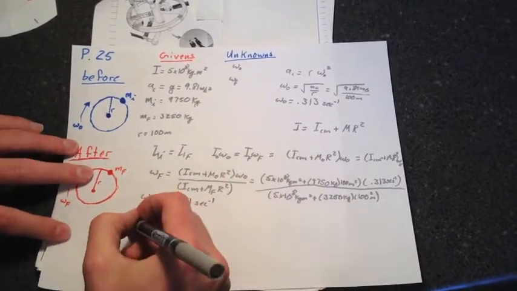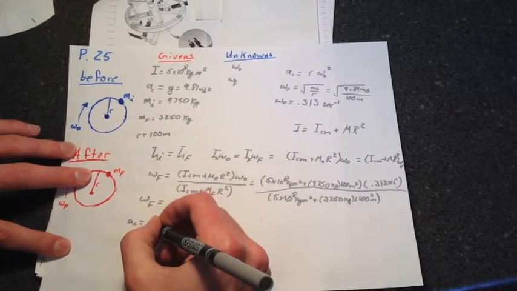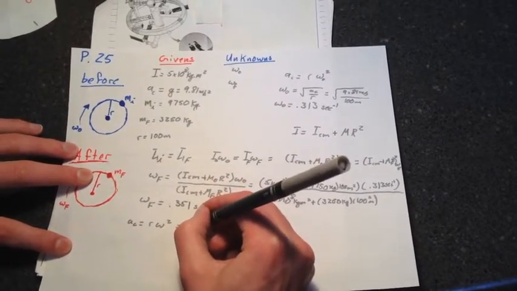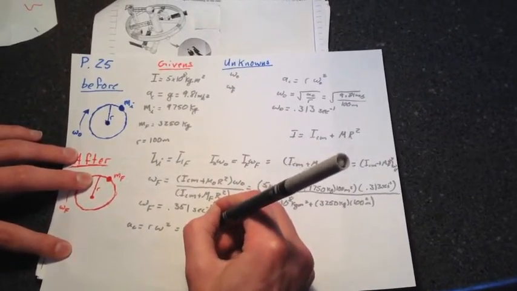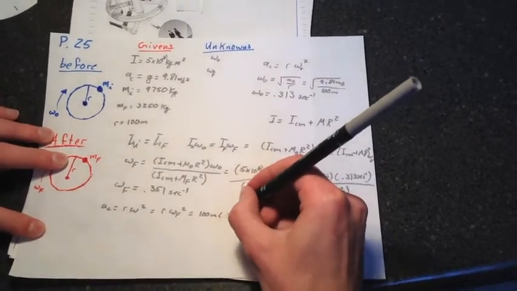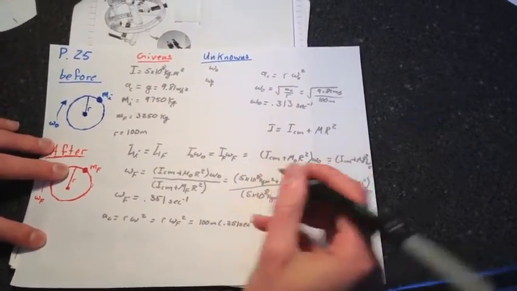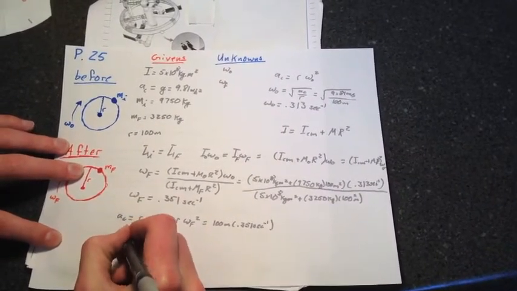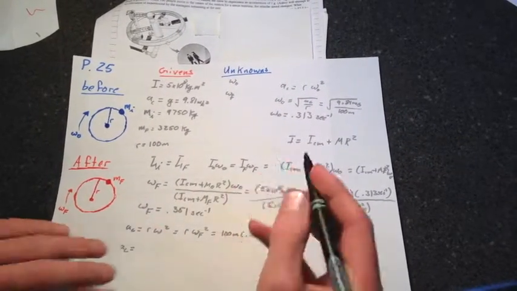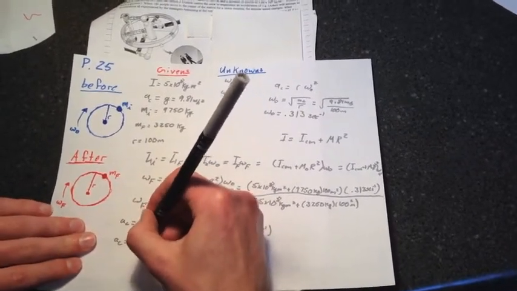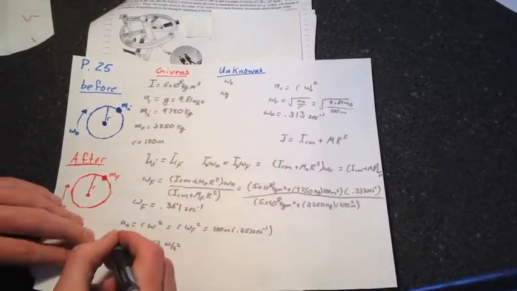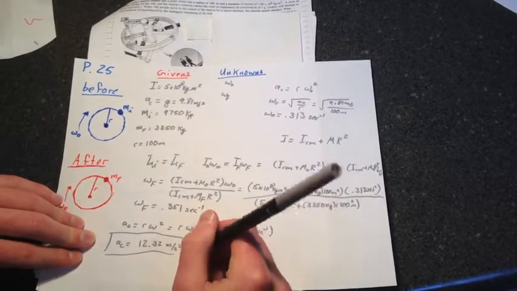So in order to do that, we go back to AC equal to R omega squared, and we're looking at the new acceleration, so it'll be R omega final squared, which is equal to 100 times 0.3535 inverse seconds squared, which would then get our new acceleration at the rim to be 12.32 meters per second squared. Woo.